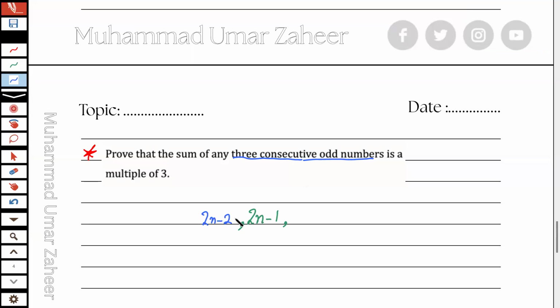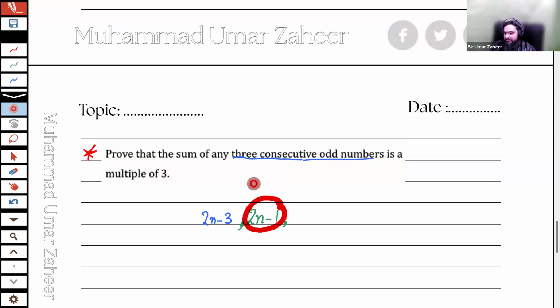So you have to take 2n minus 3, because it goes 2n minus 1, 2n minus 2, 2n minus 3: even, odd, even, odd, like this.